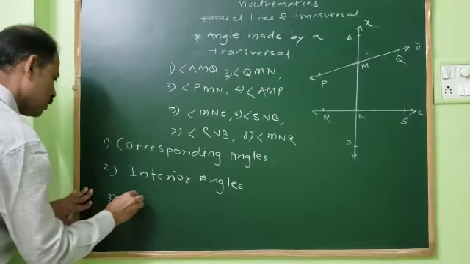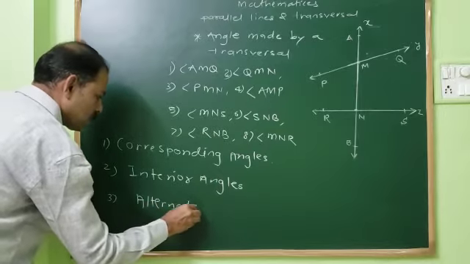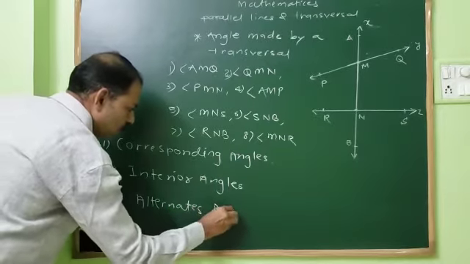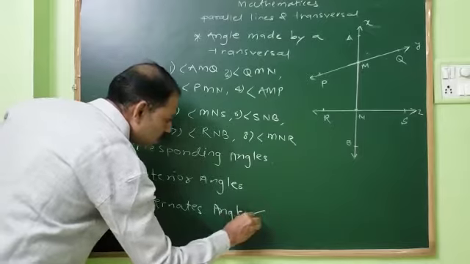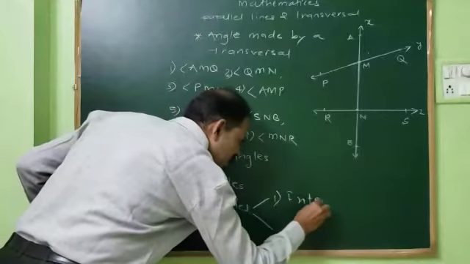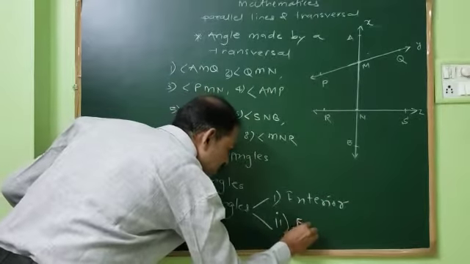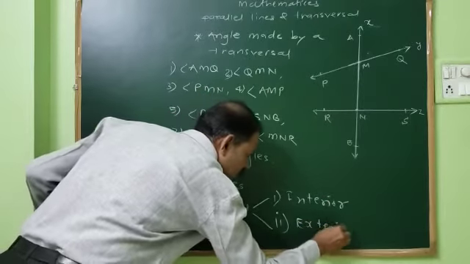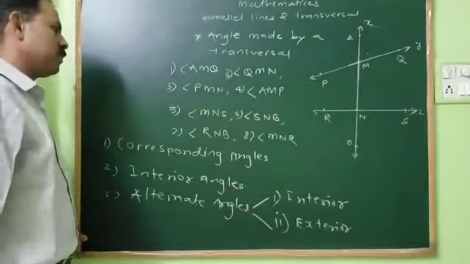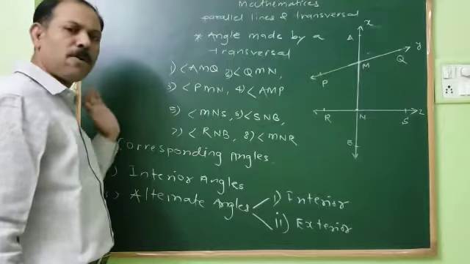And the third is alternate angles. Alternate angles are of two types. First is interior alternate angles, and the second is exterior alternate angles. Now we see briefly this pair of angles.